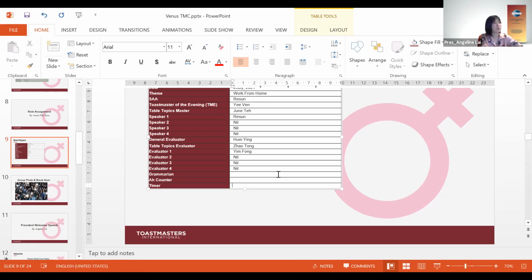So we have 2 more roles to fill, grammarian and R counter. Anyone?